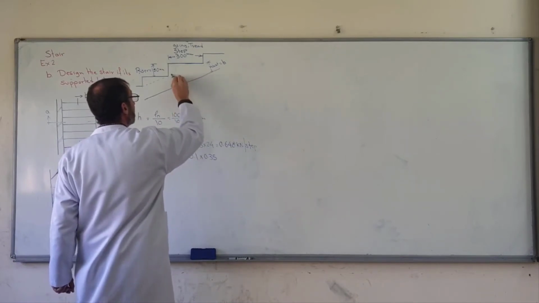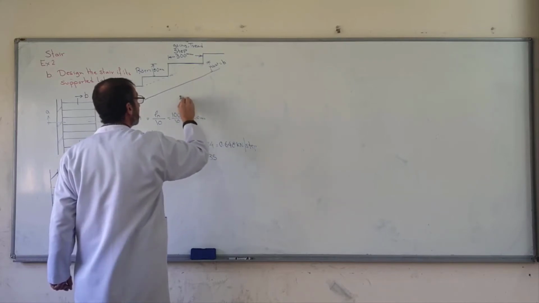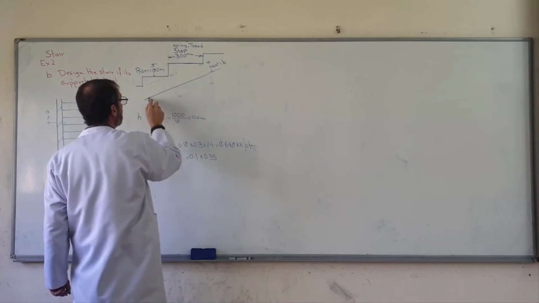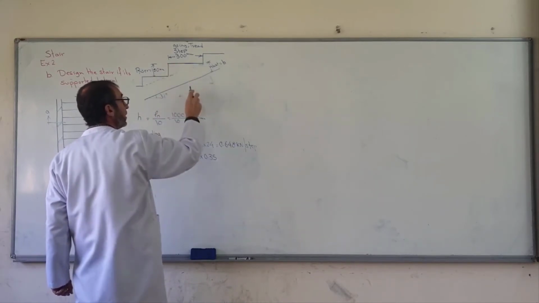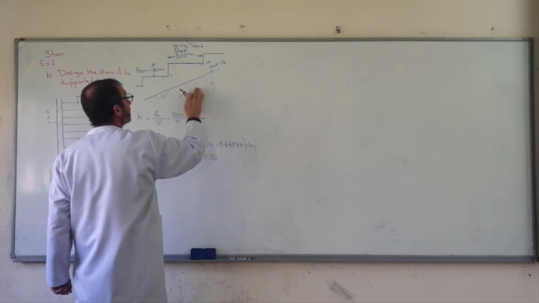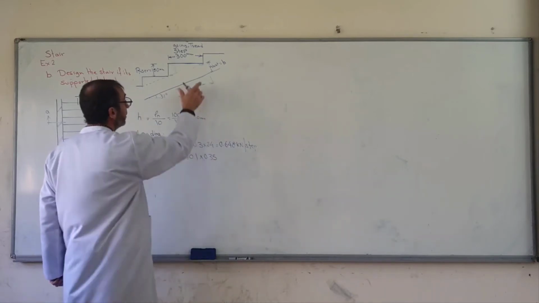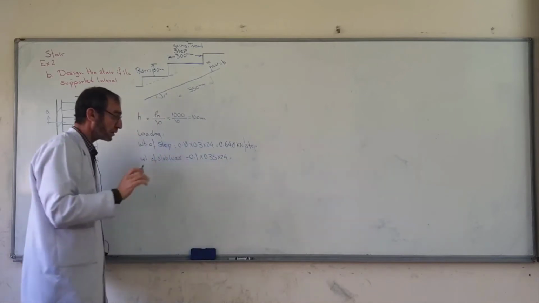As we know this length, this is 0.18 and this is 300, so depending on Pythagoras this is equal to 350 millimeters. Then 0.1 times 0.35 times 24 for one step.